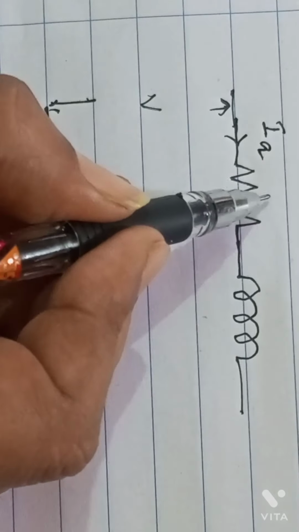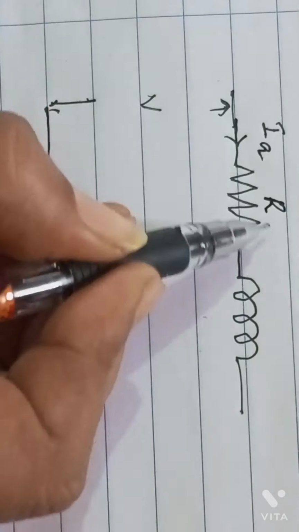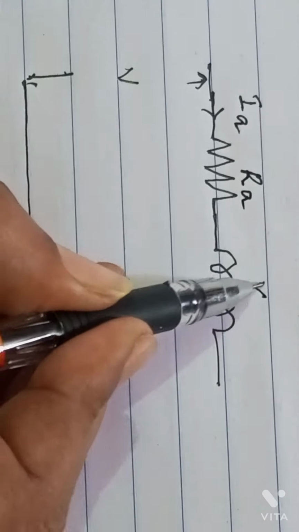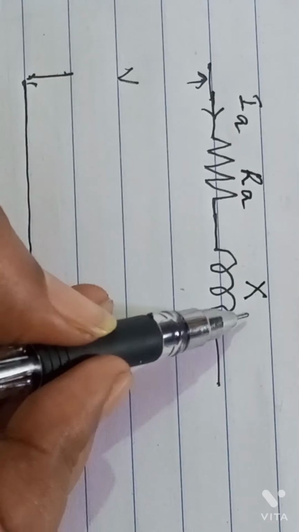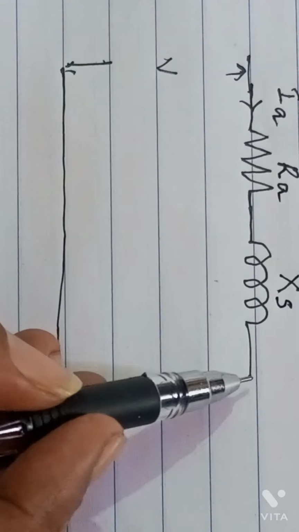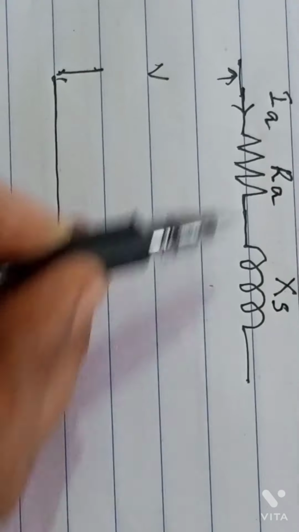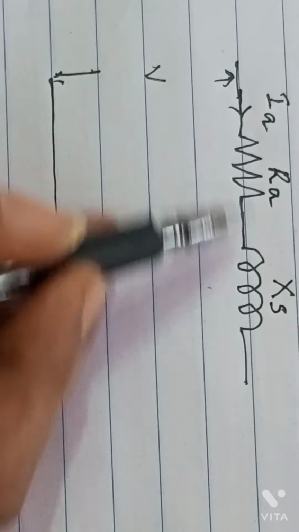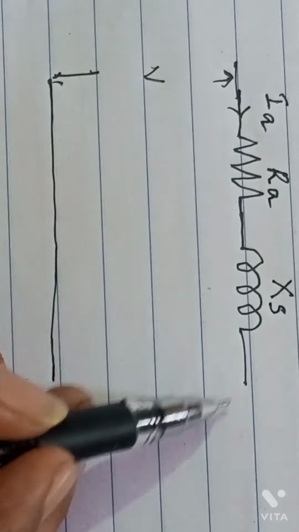Then the resistance is RA, armature resistance. The inductance normally is XS, series.